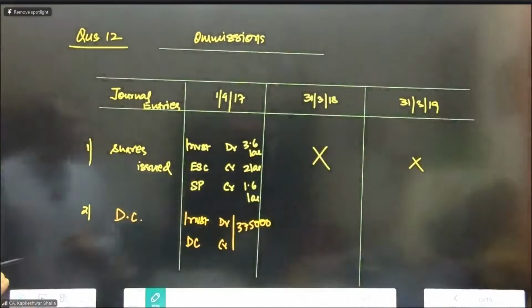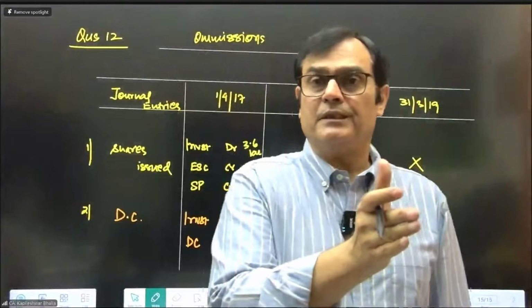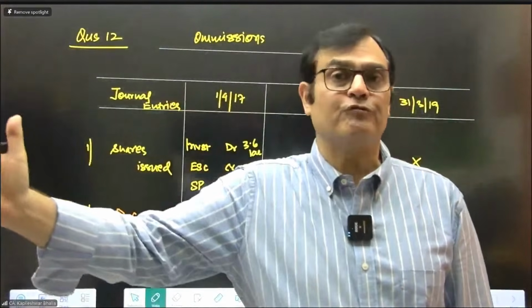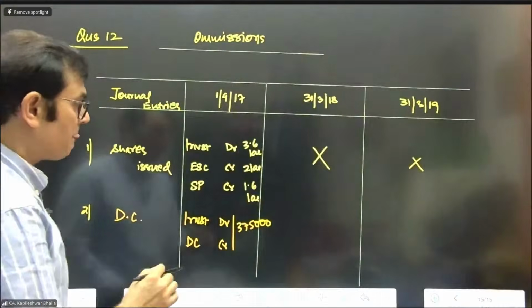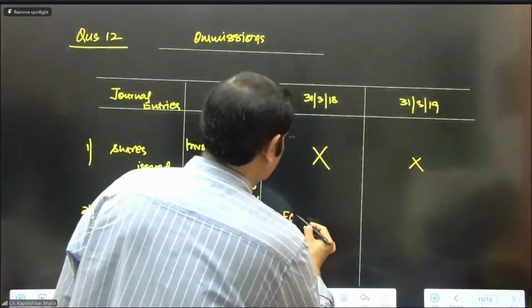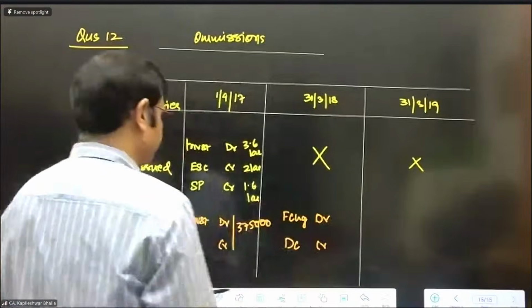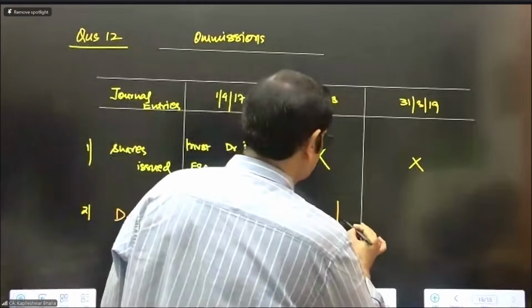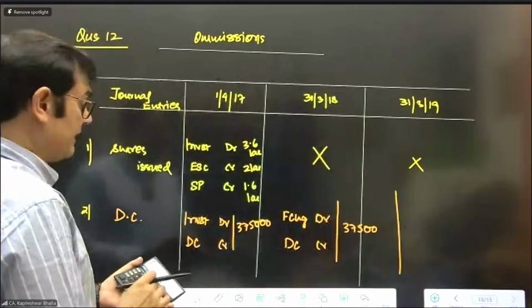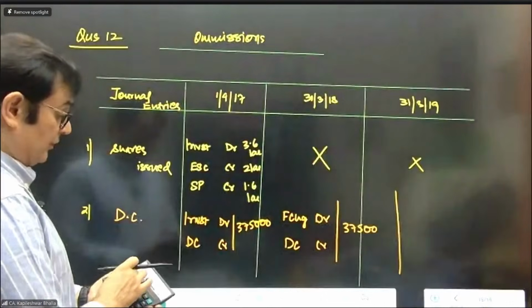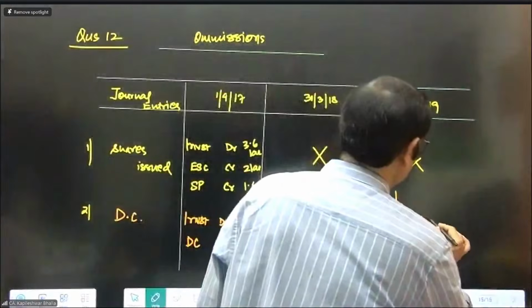And because of this omission, there are definitely consequential changes. Had you taken the DC, you would have continued with the unwinding for the next 2 years as well. So it's time to take the unwinding on this. The entry for the unwinding is finance charge gets a debit and DC gets a credit. 10% interest would mean 37,500. And then in the next year, on the cumulative DC, we take 10% interest, that's 41,250.